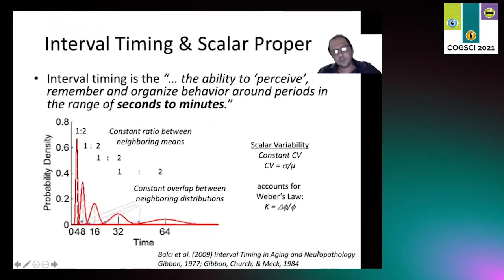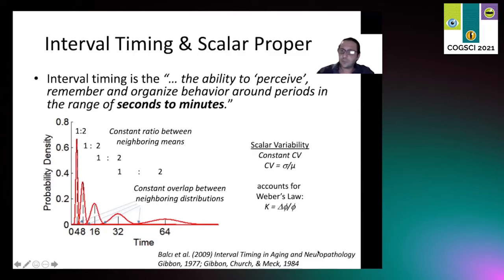We define interval timing as the ability to perceive, to remember, and to organize behavior around periods that range from seconds to minutes. Now, this ability is observed across many species of animals with similar psychophysical properties, and one of these properties is called the scalar property.